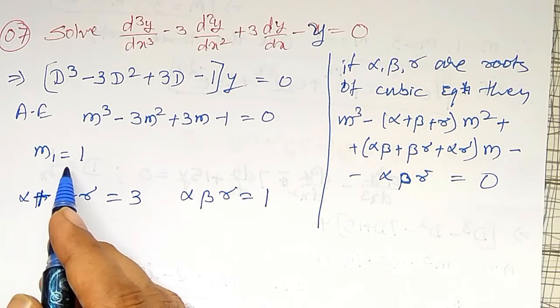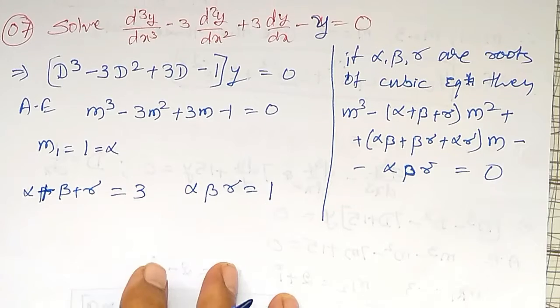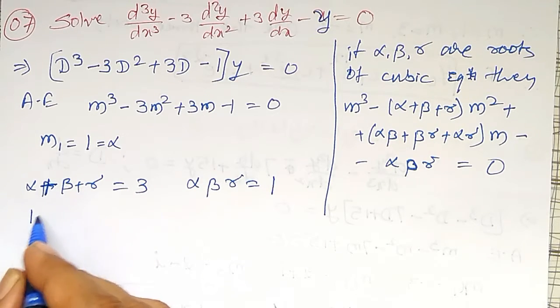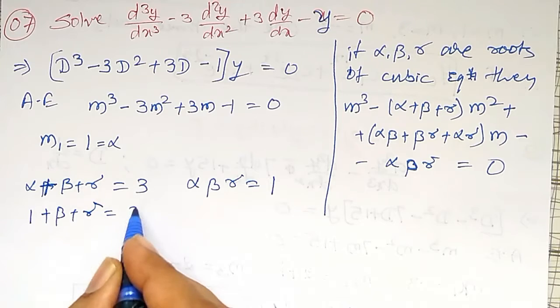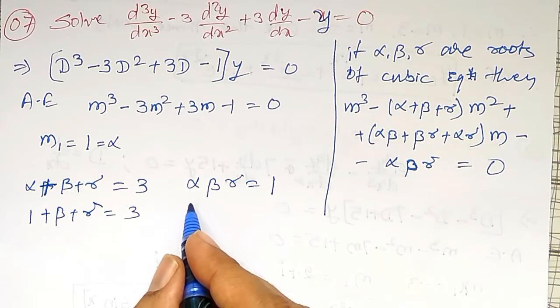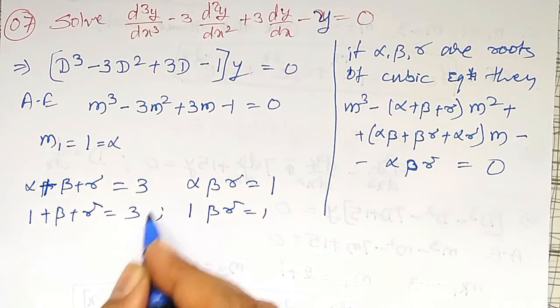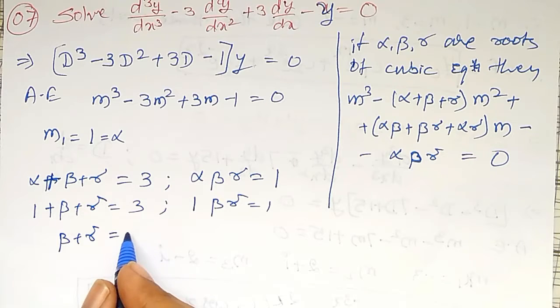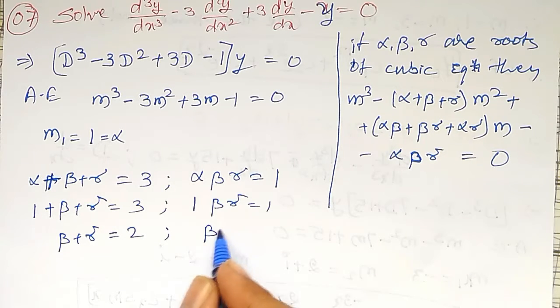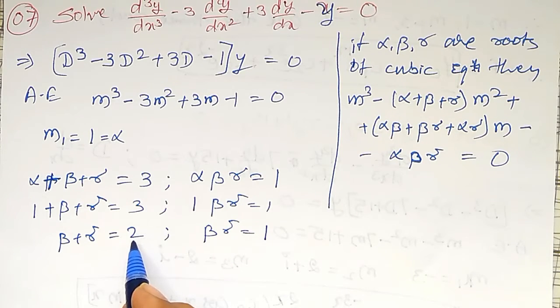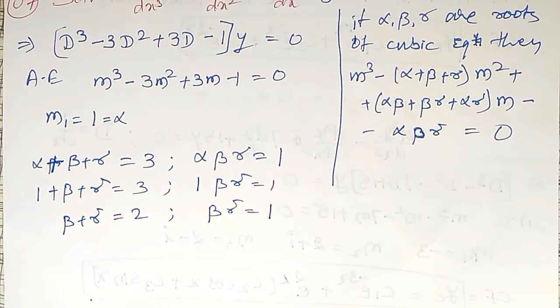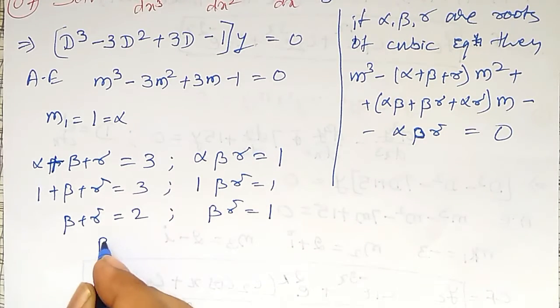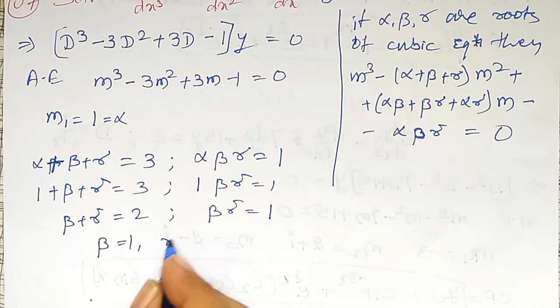One of the roots, alpha equal to 1, I am already getting. Therefore 1 plus beta plus gamma equals 3, and beta gamma equals 1. Now beta plus gamma equals 3 minus 1, that is 2, and beta into gamma equals 1. The product is 1 and the sum is 2, so beta and gamma must both be 1. Beta equals 1 and gamma also equals 1. Therefore the other two roots are nothing but 1.